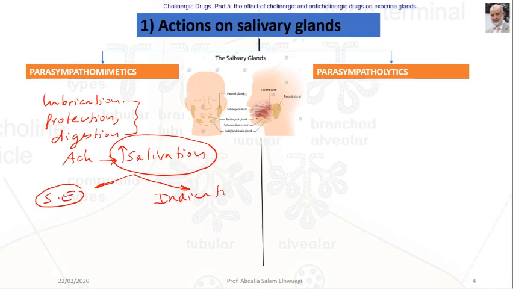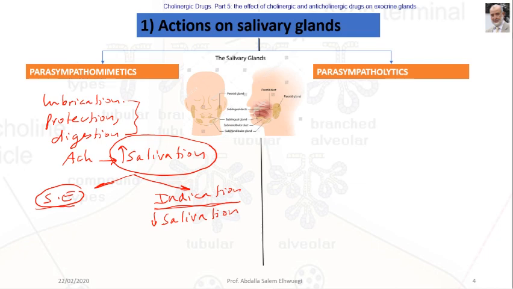As a side effect, if they are used for any other purpose, we expect that these drugs will produce salivation, as a side effect or toxicity, for example. Also, they are indicated in cases where there is decreased salivation.